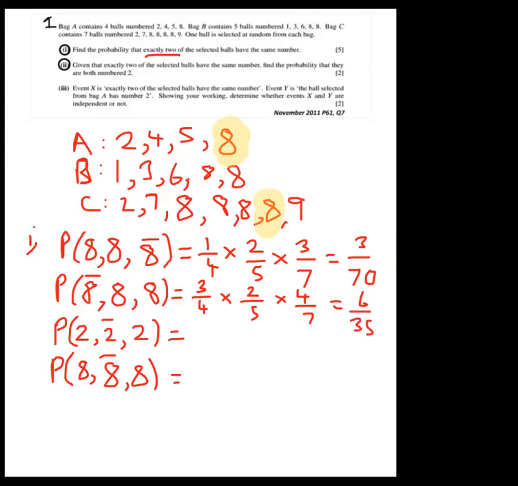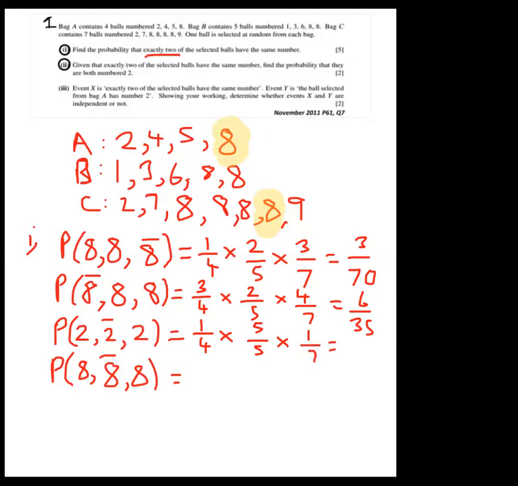For the third case, bag A has 2, so there is one 2 in bag A, so 1/4, times bag B does not have 2. All the numbers in bag B are not 2, so it will be 1, or you can say 5 upon 5, into bag C has 2. So out of 7, there is one 2 in bag C, so it's 1 upon 7.